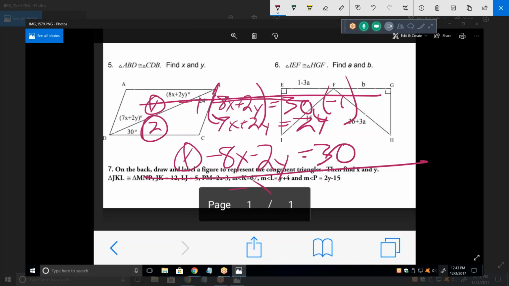-1x equals -6. And now you have to do another step. So what's x equal to? It's 6. So we got the same answer, but we had to go through 2 extra steps.